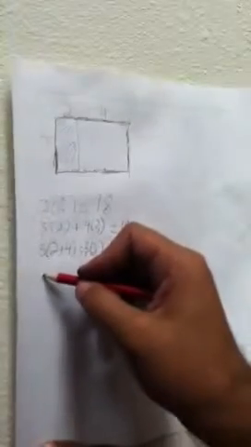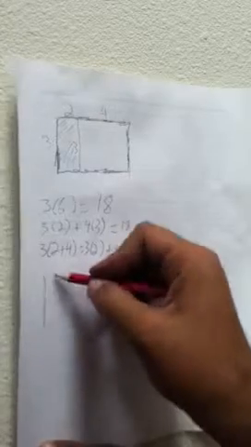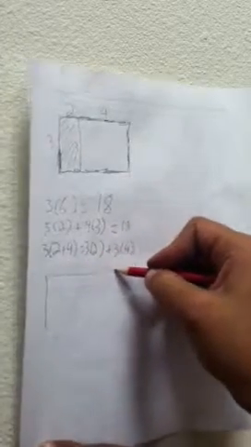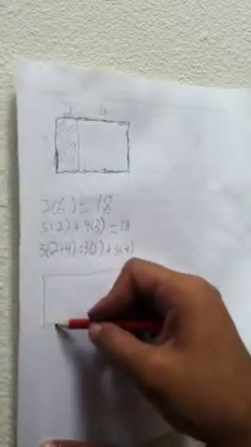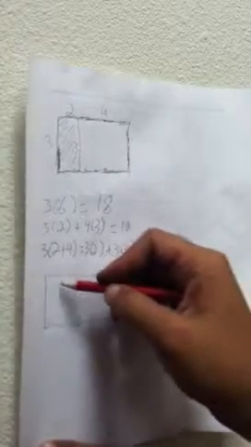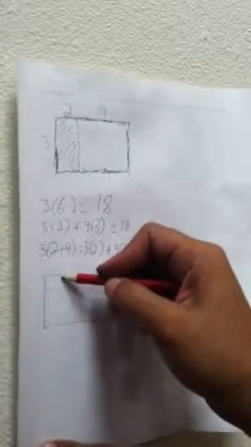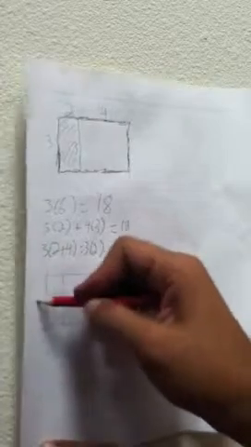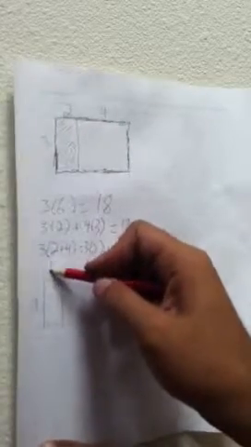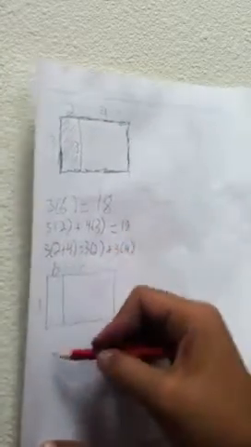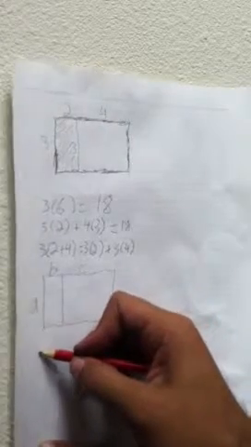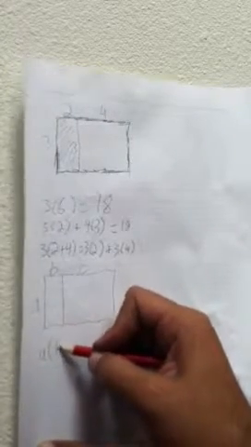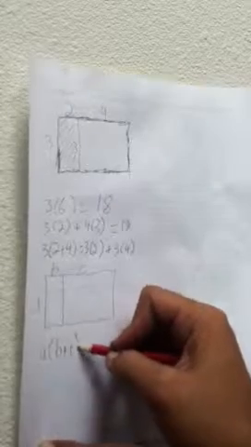And using a general case with variables, if this is A, and this is B, and this is C, to find the whole area, we can either do A times B plus C, right?